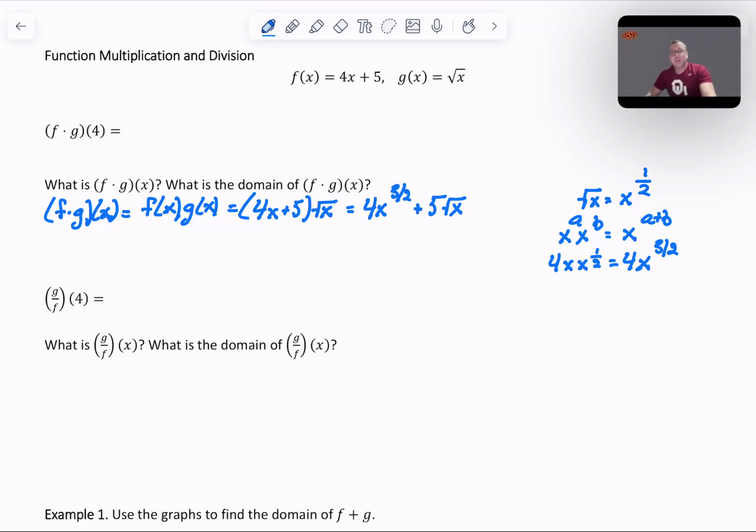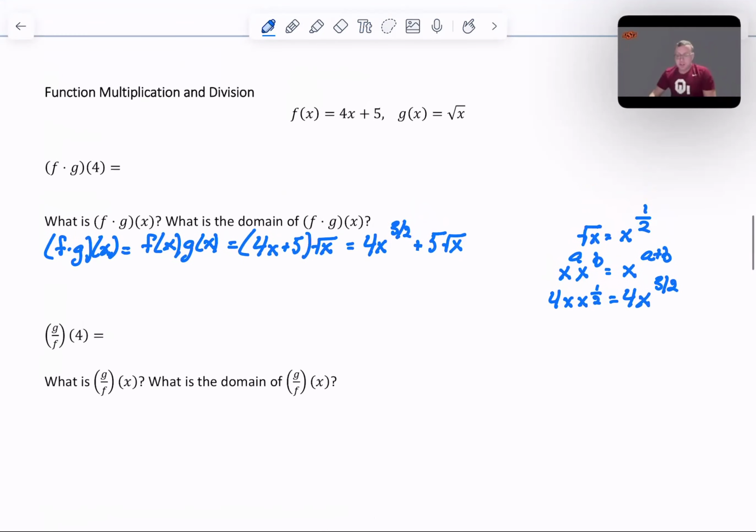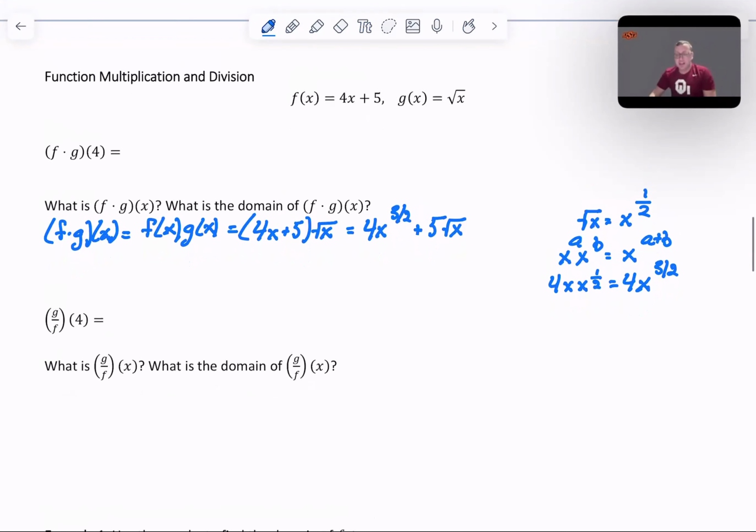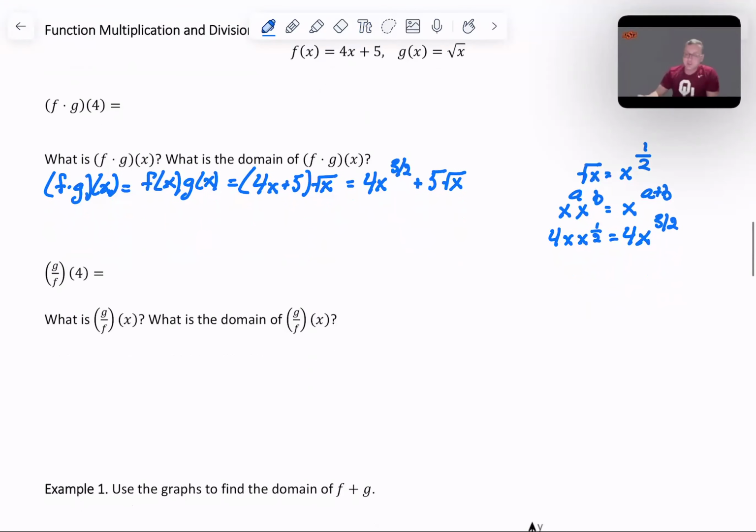Okay. So now let's find the domain. In this case, both of these actually involve a square root. So if I want to write out what this looks like, expanding it, this is actually equal to 4 times the square root of x to the third, plus 5 square root of x. That's actually what the function looks like.